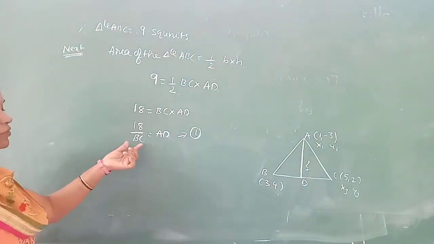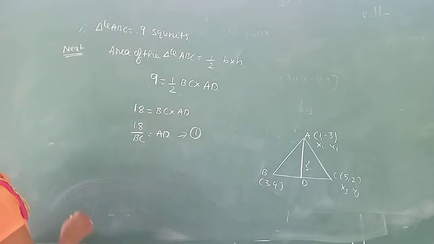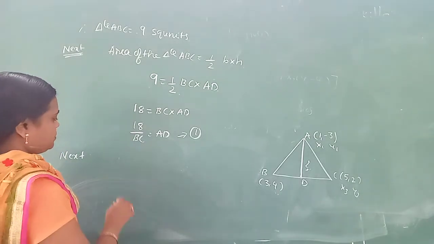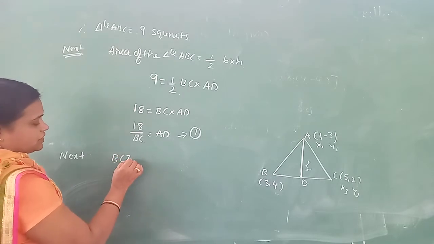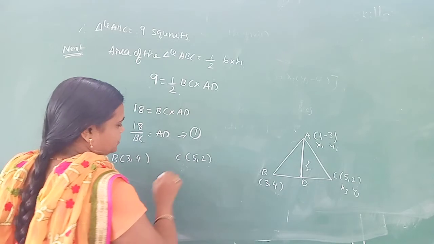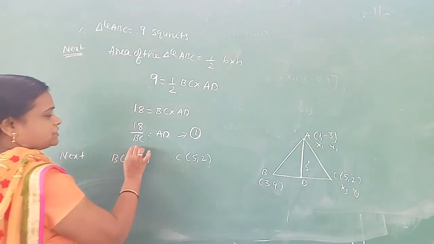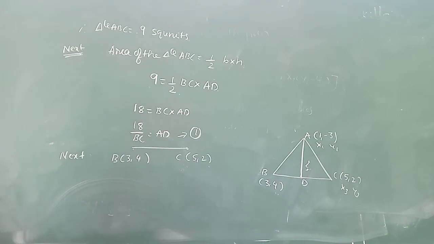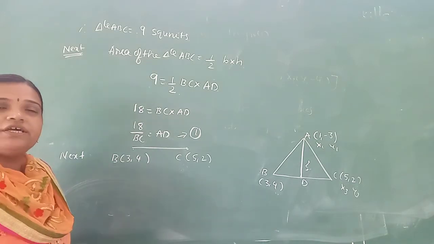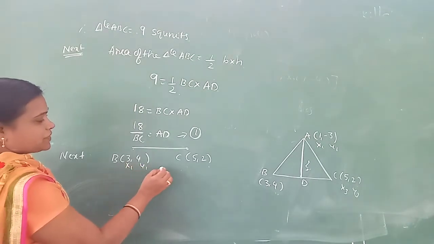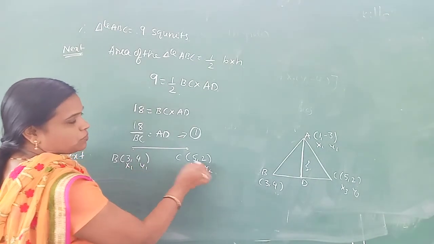And we can calculate BC by a very simple form. B point is already given (3, 4) and C point is given (5, 2). Now we have to calculate the distance between B and C. Which formula are we using? Distance formula. Say these points are (x1, y1) and (x2, y2).